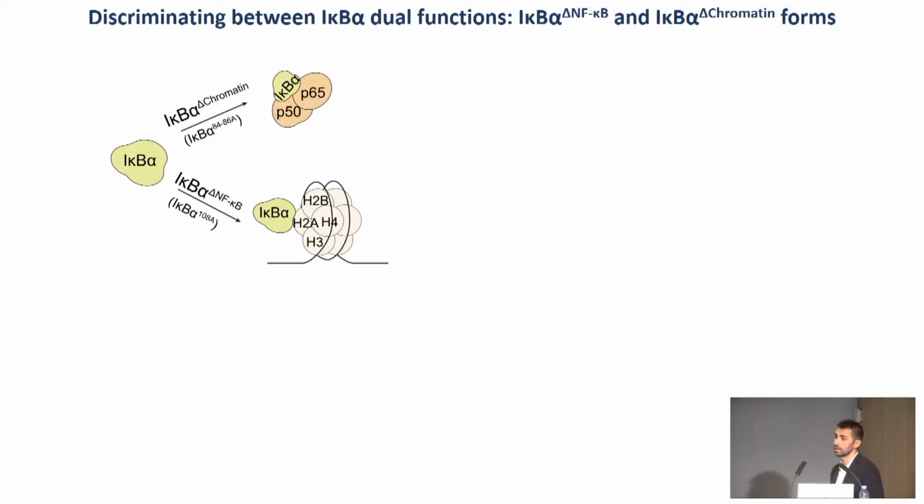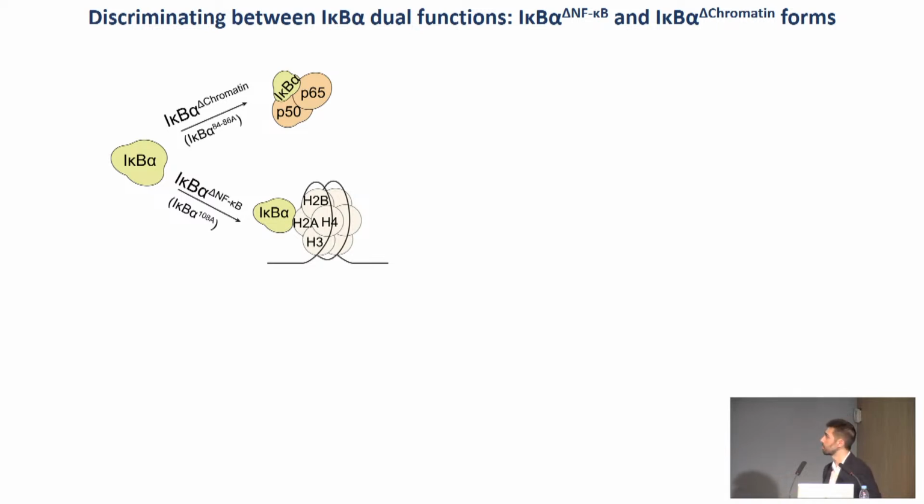But also, as you remember from the introduction, typically IKBKB alpha has been the main inhibitor of the NF-κB pathway, but our lab has also described a novel and alternative function which is related to a nuclear distribution and interaction with histones. So far, nobody has been able to discriminate between these two functions of IKBKB alpha.